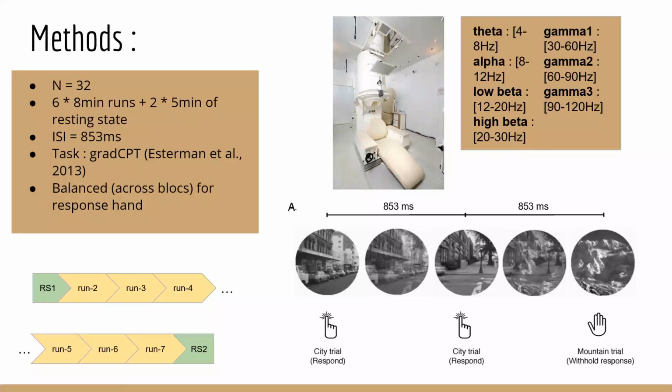In order to test that hypothesis, we ran a magnetoencephalography study using the very same task as Esterman and colleagues, but this time on a sample of 32 healthy subjects. They performed six blocks of 8 minutes of the gradCPT task in the MEG.